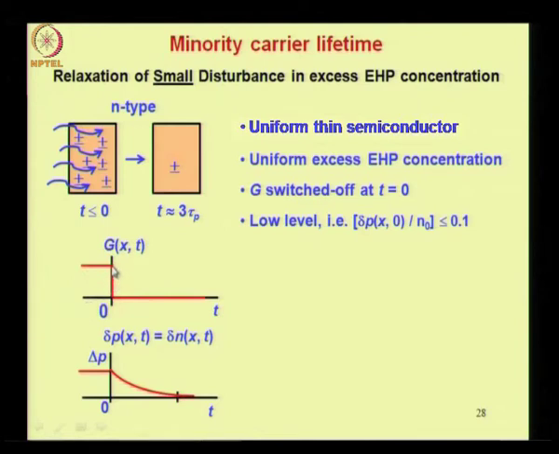All that matters to us is that this generation rate was switched off at t equal to 0, and at t equal to 0 there was some excess carrier concentration, and that excess carrier concentration is returning to equilibrium. Here we have plotted the excess hole concentration, which is the same as the excess electron concentration in this case. The initial value of the excess hole concentration is denoted as capital delta P, whereas the lowercase delta is used for the time varying excess carrier concentration.